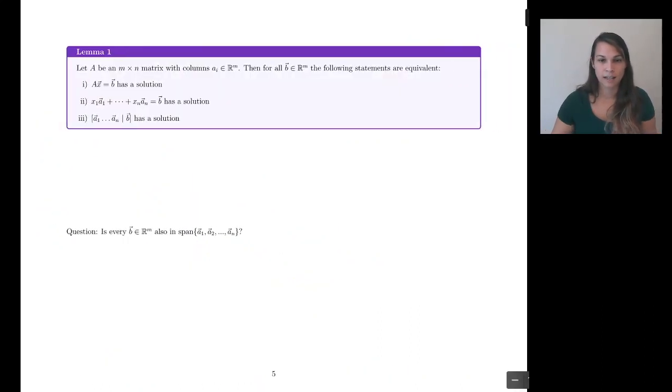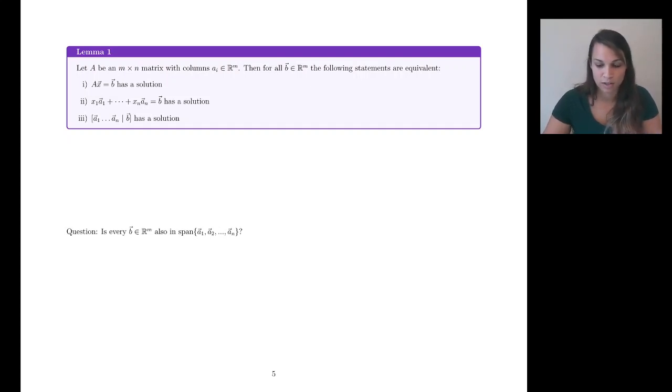So I've summarized that here in this lemma. Ax equals b has a solution is the very same thing as asking whether this augmented matrix here in 3 has a solution, because we know from day 1 that we can solve a system of linear equations using an augmented matrix.